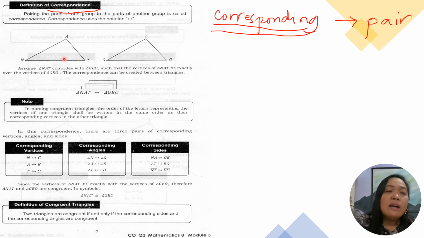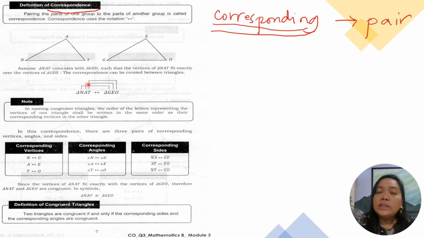Shall we say we have to get the corresponding sides of triangle NAT to triangle GEO. The corresponding sides there should be the parts where the vertices coincide.